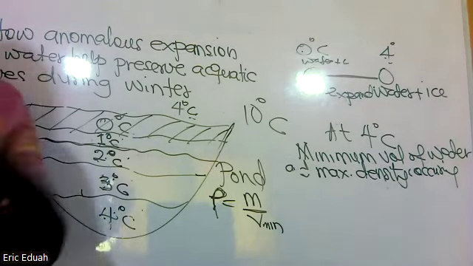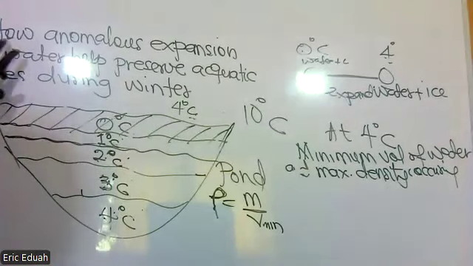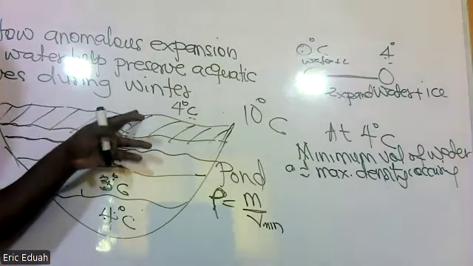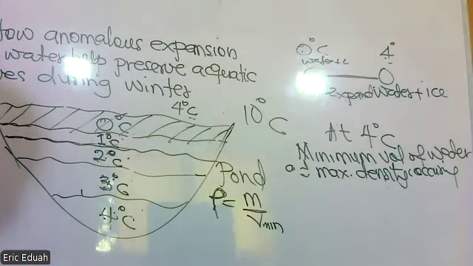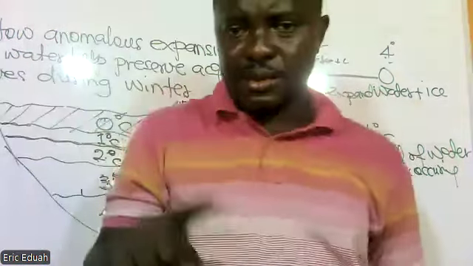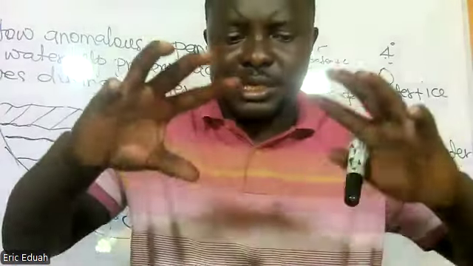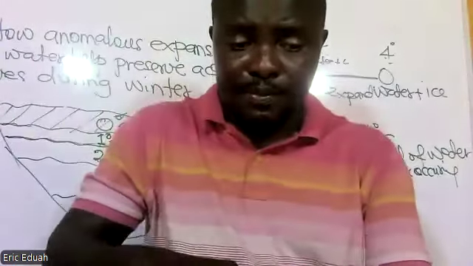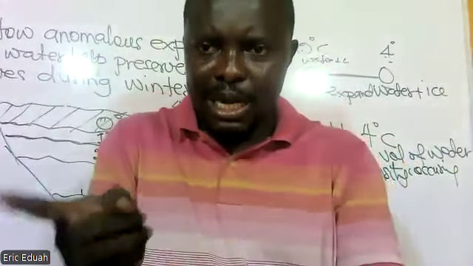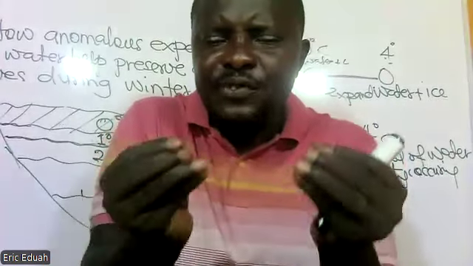Yes, please. So that is the whole essence of anomalous expansion of water and how it's beneficial to aquatic lives. So the 1,000 kilogram per cubic meter, which is the density of water, is actually the density at 4 degrees Celsius. But the point is that at any other temperature, the change is very, very small.